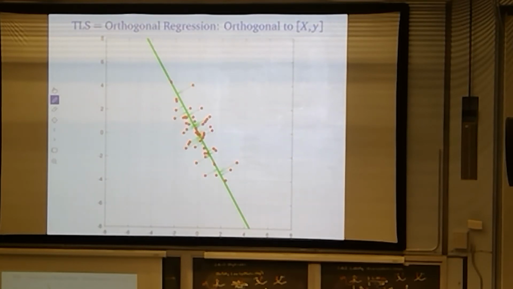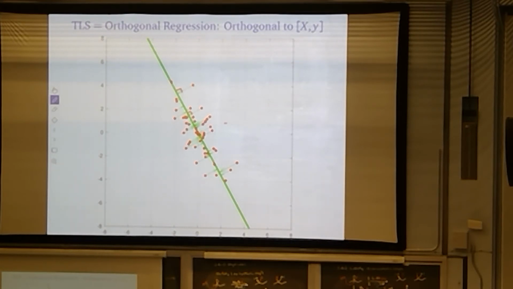With TLS though, x and y are completely symmetrical, right? When you are fitting y plus ey and x plus ex, there's no special treatment. Both have noise. I want to find a line in a joint space. The green line is the best TLS solution, and it is best in the sense that each point is projected orthogonally onto this line in the joint xy space.